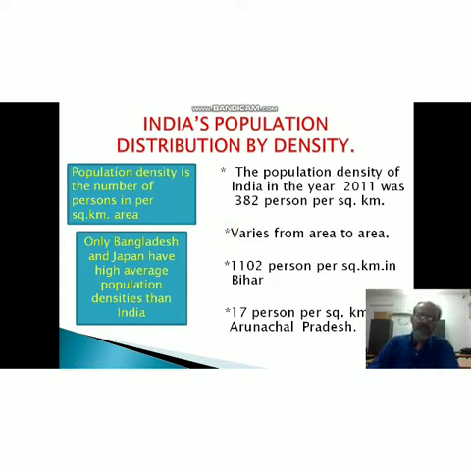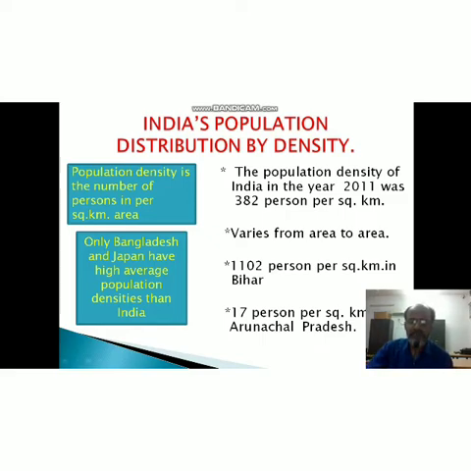As we know, Bihar is the most densely populated state in India. The density of Bihar is 1102 persons per square kilometer. And in Arunachal Pradesh, only 17 persons per square kilometer are residing.